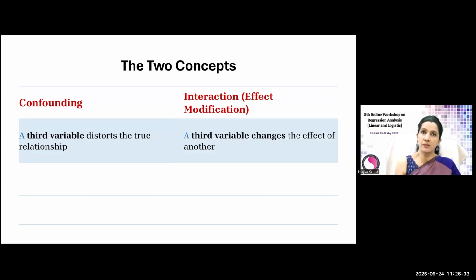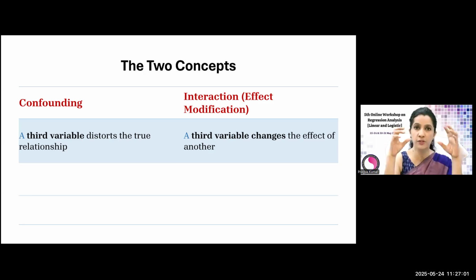What is an interaction or effect modification? Effect modification is an inherent, biological nature. When a third variable changes the effect of another, that means the relationship is actually there and you are uncovering it. Effect modification is like understanding the true nature, whereas a confounder is like removing dirt.